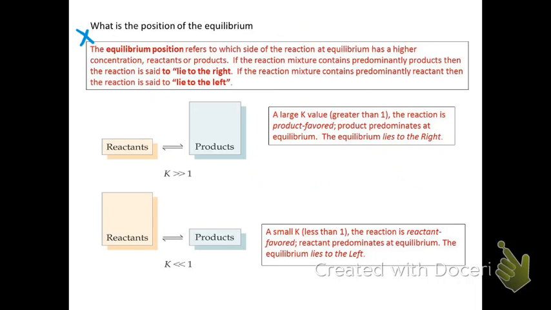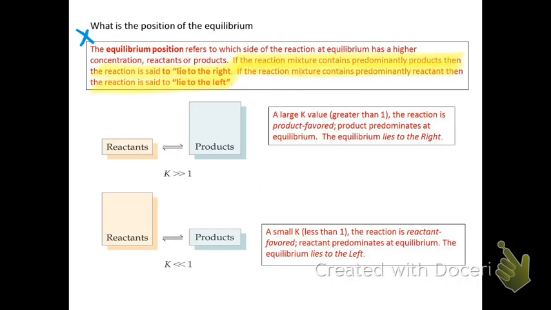If the reaction mixture contains predominantly product, then the reaction is said to lie to the right. But if the reaction mixture contains predominantly reactant, so most of the concentration is reactant, then the reaction is said to lie to the left.